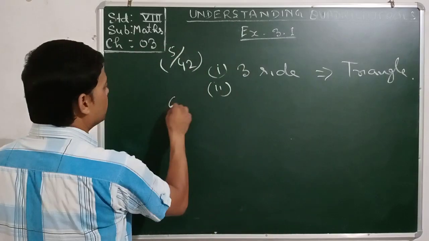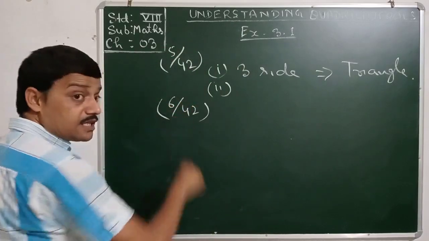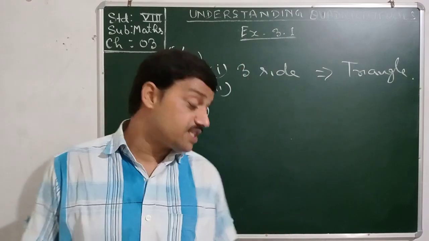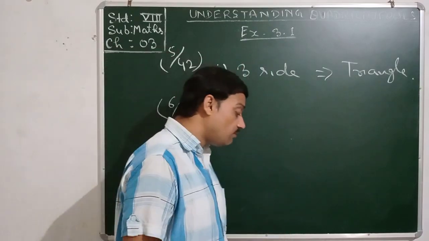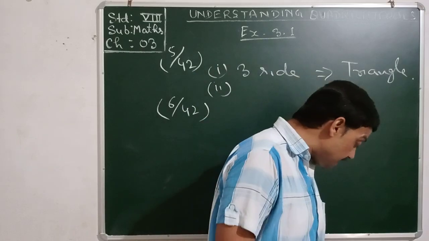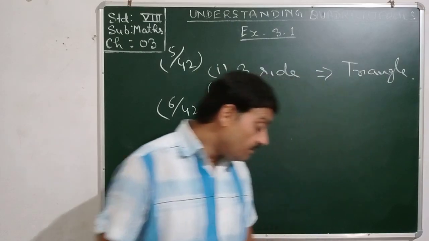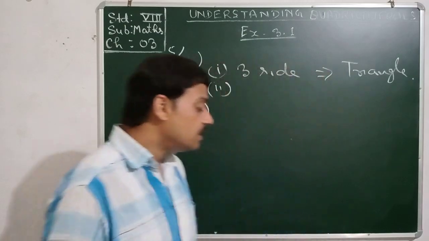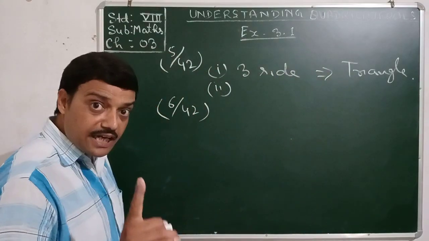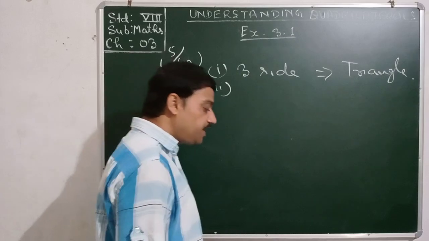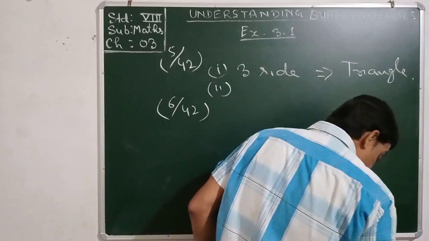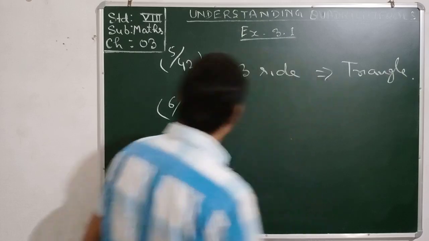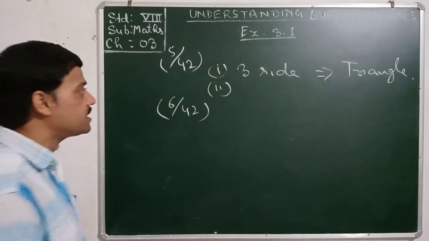In the 6th number, some of the figures are given and x is missing. That is, x is the measure of any one of the missing angles there. In the first case, we realize 3 of the angles are given as 50 degrees, 130 degrees and 120 degrees, and the 4th angle is x.